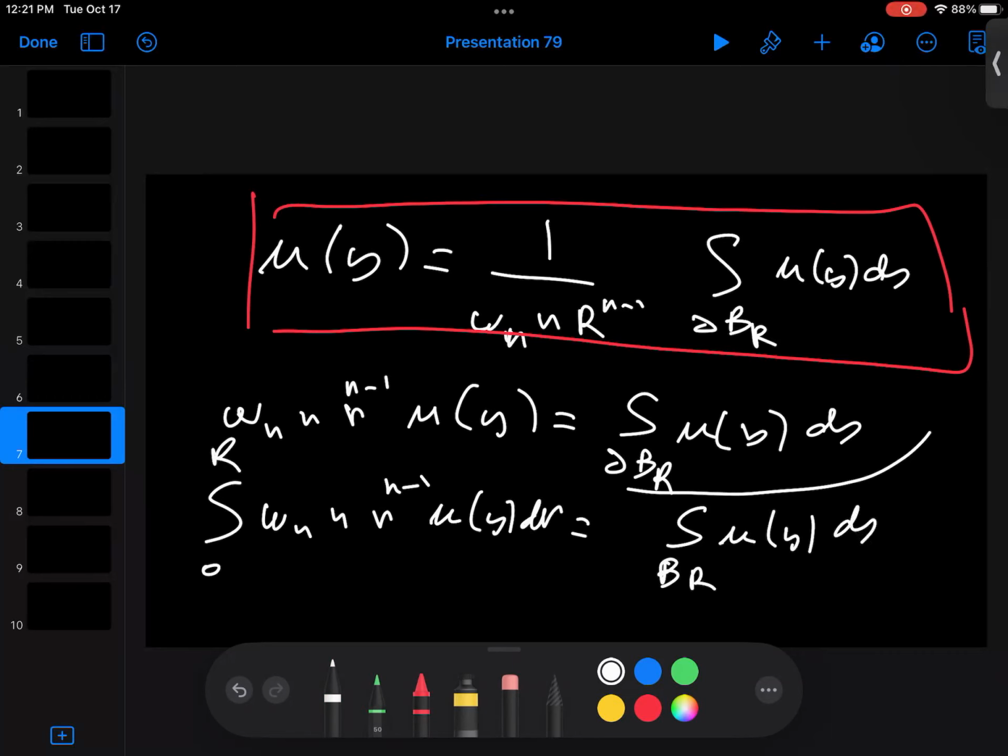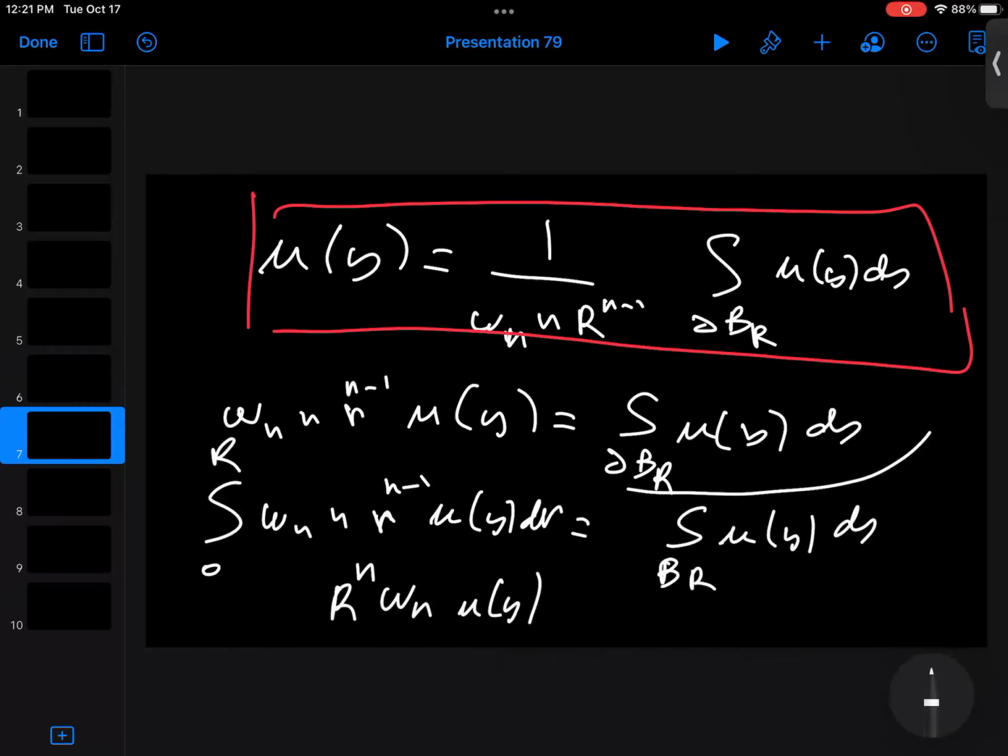And here I will get r to the n over n, times omega n u(y).